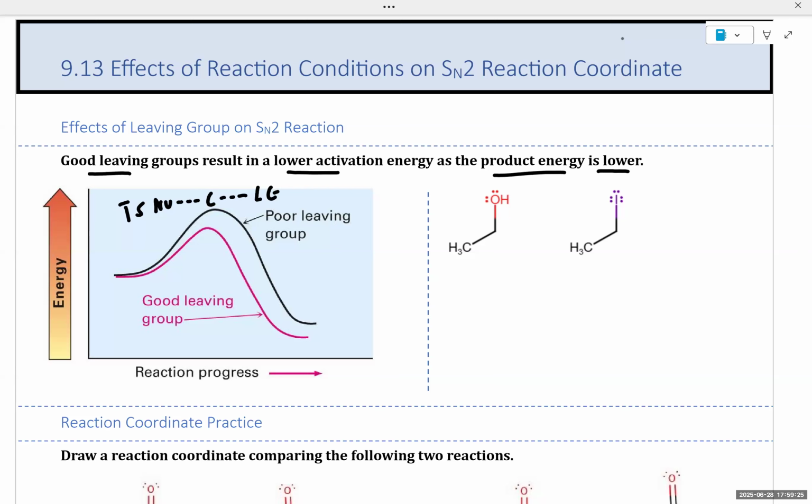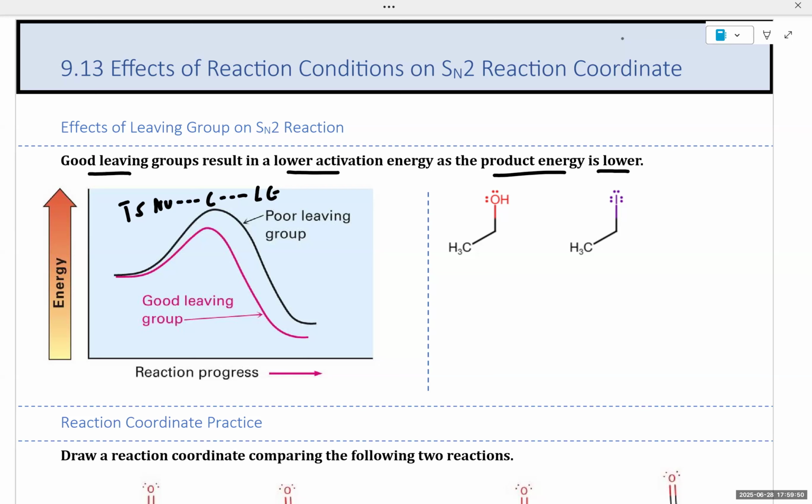The better your leaving group is, the easier it is to break this carbon leaving group bond. And in turn, because it's easier to break this carbon leaving group bond, that in part contributes to the fact that the activation energy is lower when you have a good leaving group.